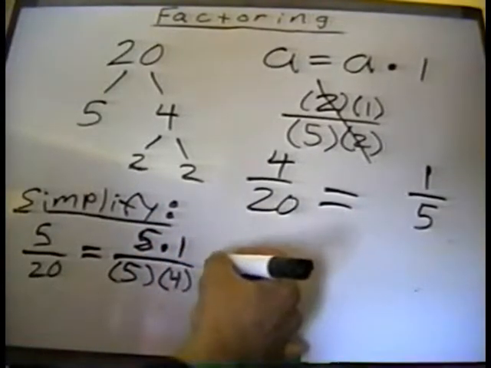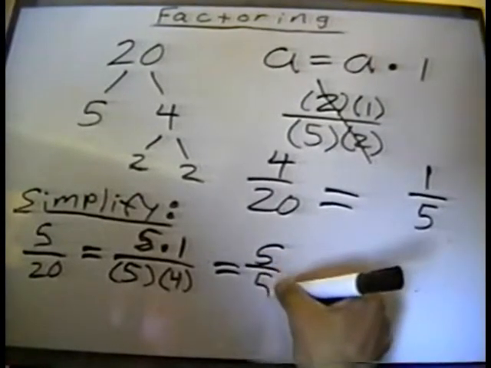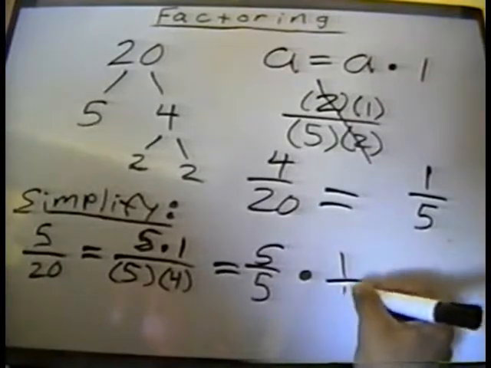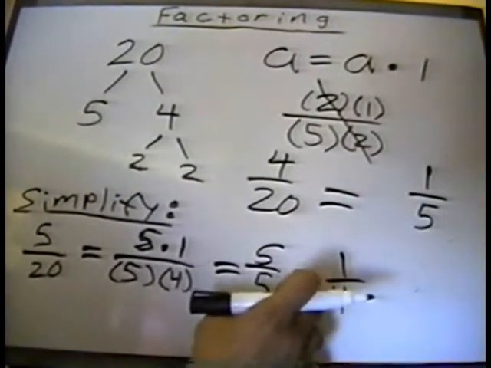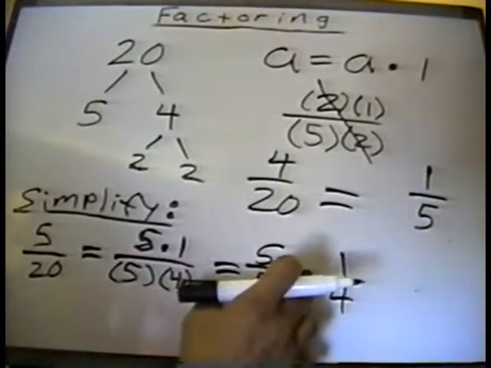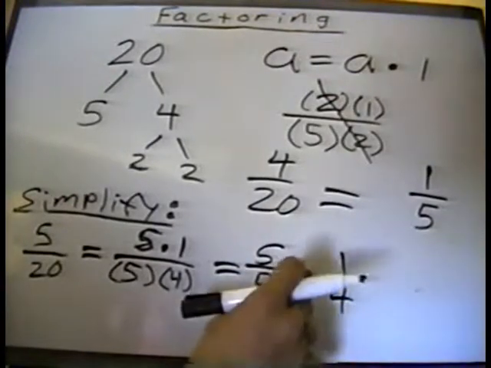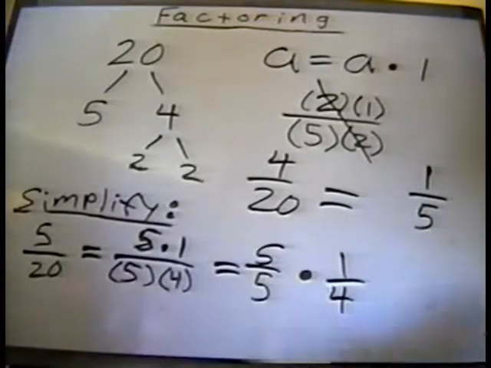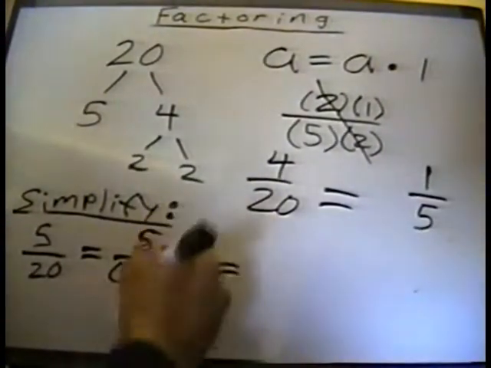Now here, remember 5 is only times 1, so we get 5 times 1. That becomes 5 over 5 times 1/4. Now you can separate it into that, and that's what you see.